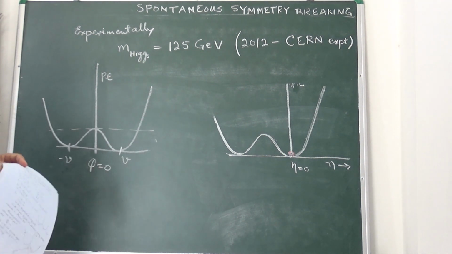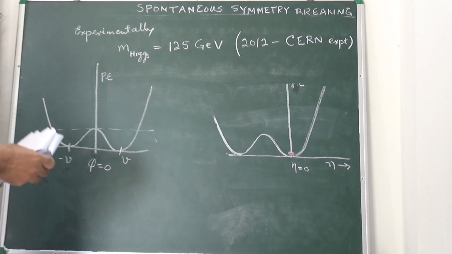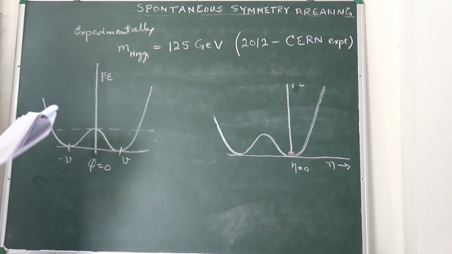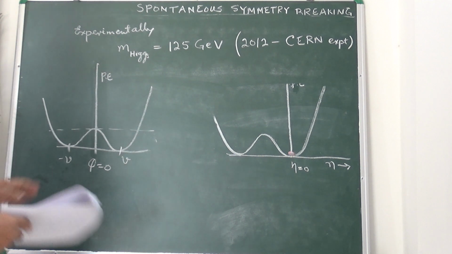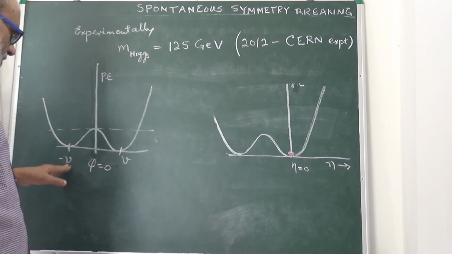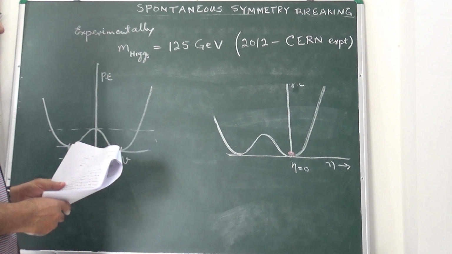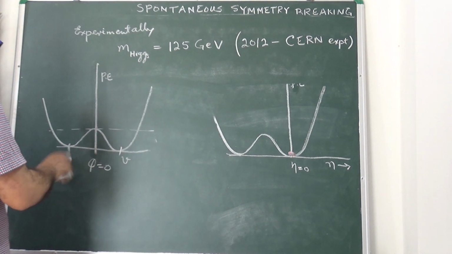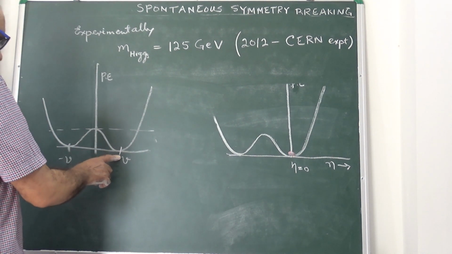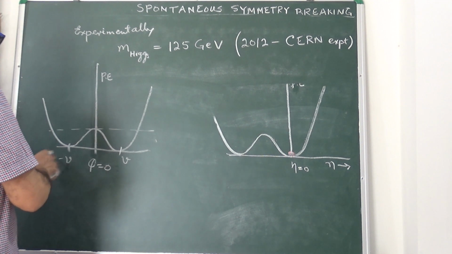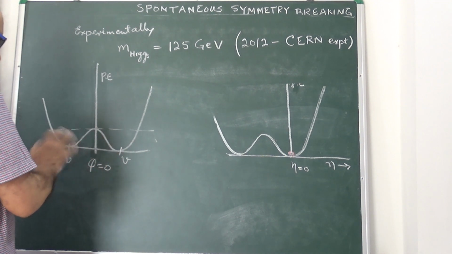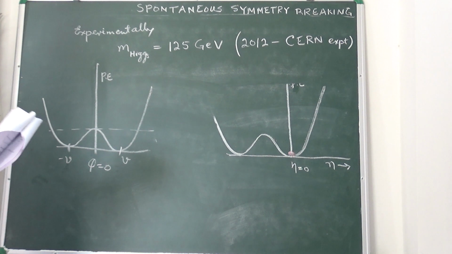So the question is, could we have different values of v at different positions? Somewhere it's plus v or minus v, or at random somewhere plus v and somewhere minus v.